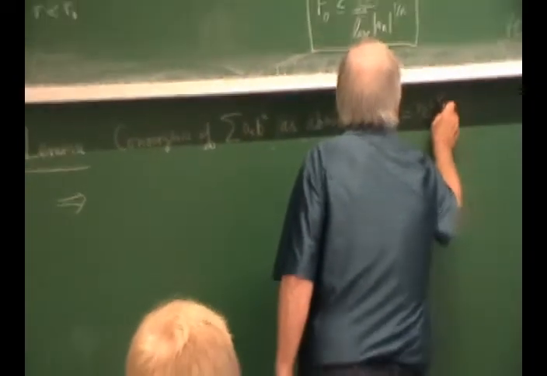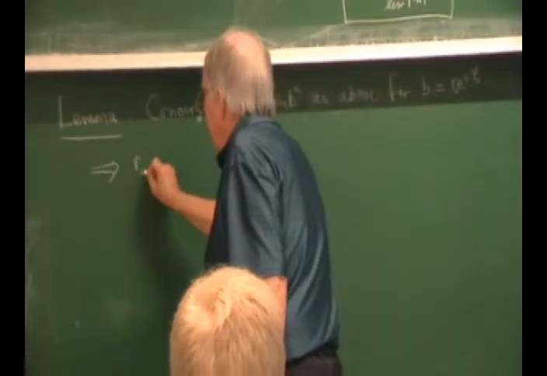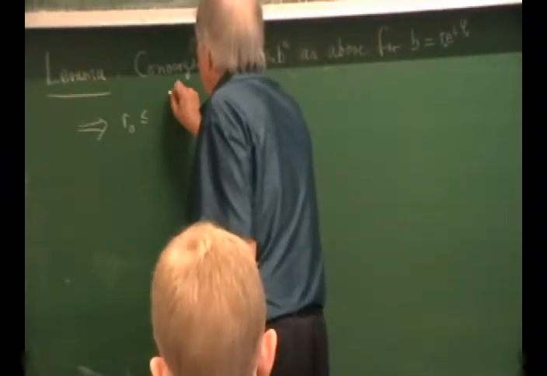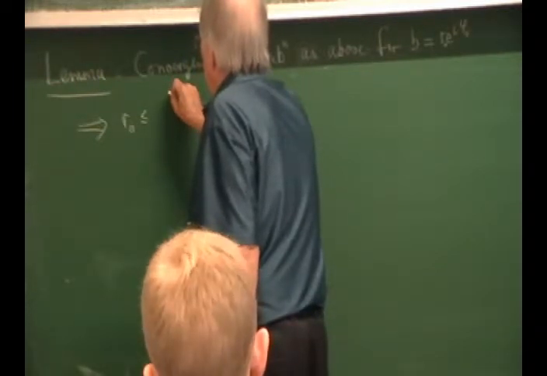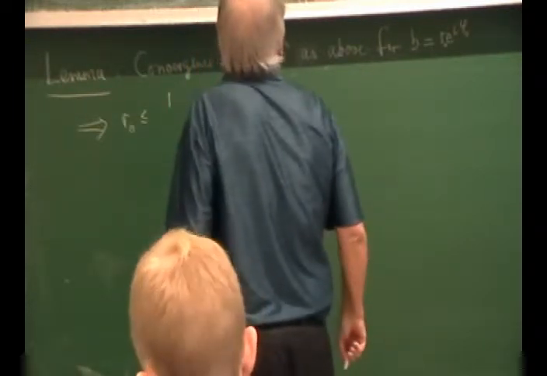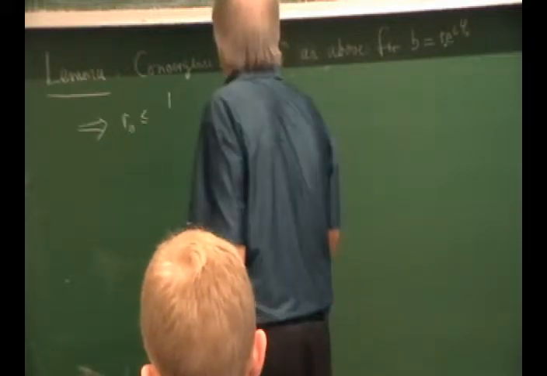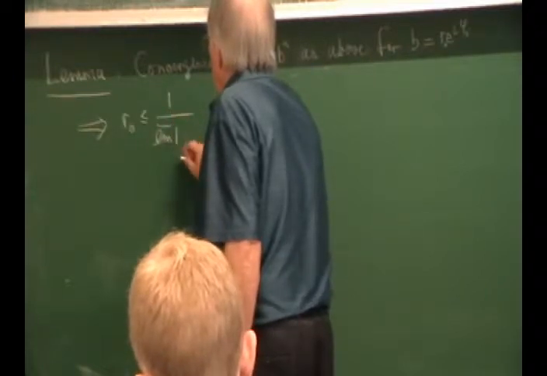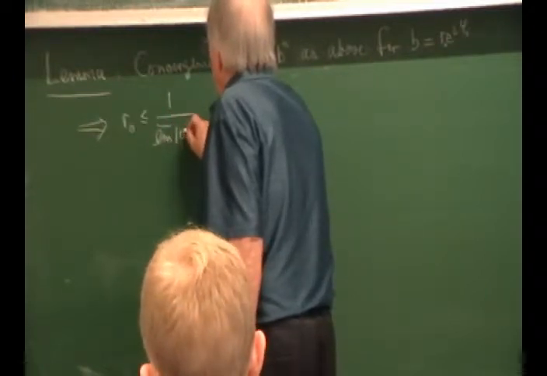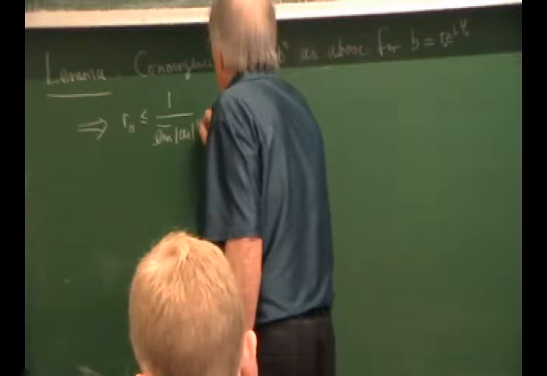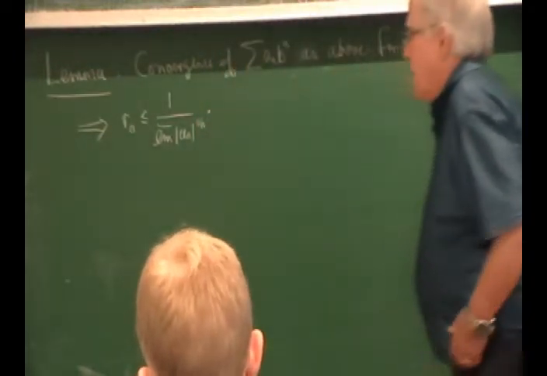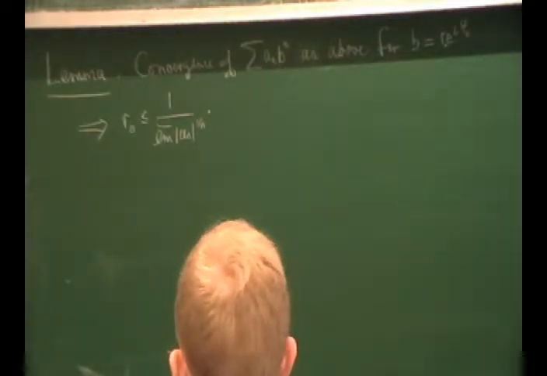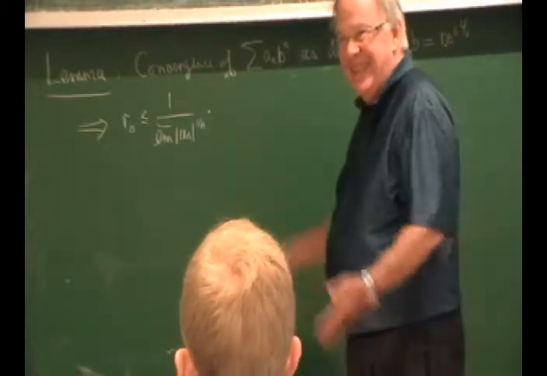It's a special value. It implies that R0 is less than or equal to the lim sup, 1 over the lim sup of a n to the 1 over n. Okay? And now, that's a little lemma.